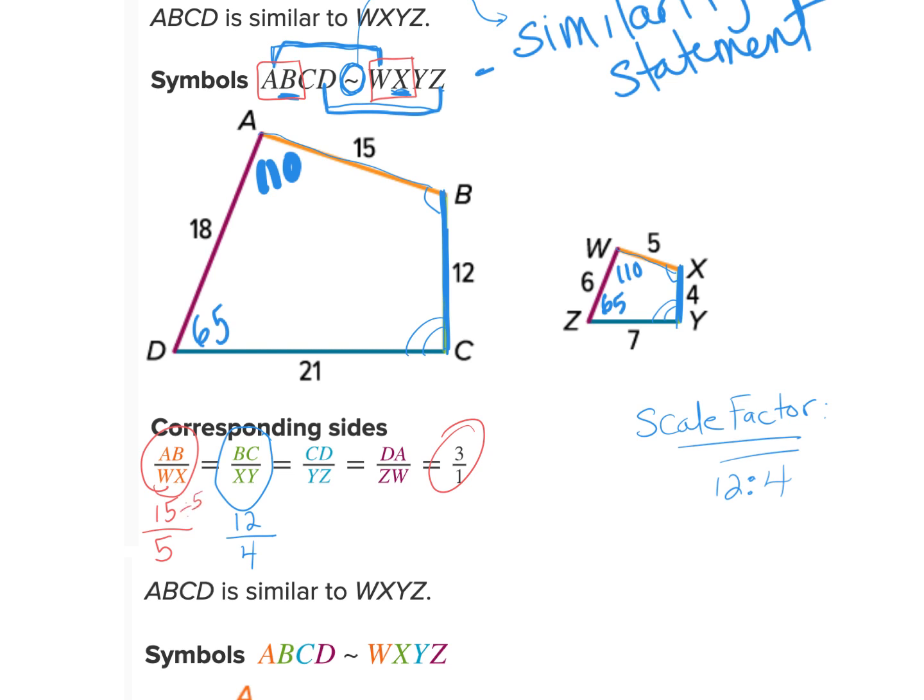Here I can divide both top and bottom by 5 to get 3 over 1. And I can divide both 12 and 4 by 4 to get, because 12 divided by 4 is 3 over 1. So in each case, I do get the same scale factor when I reduce the side lengths.